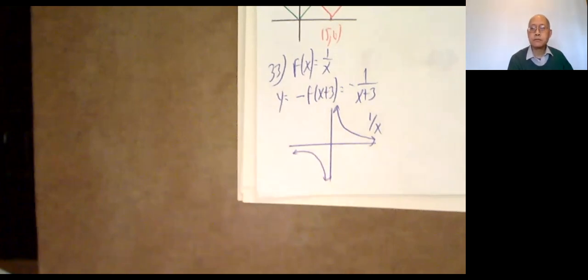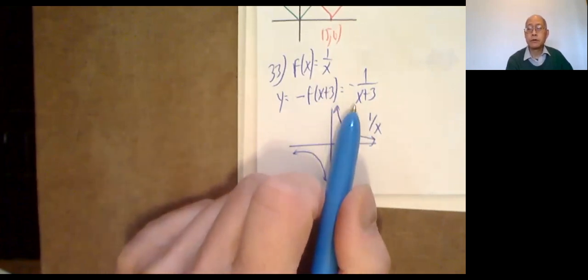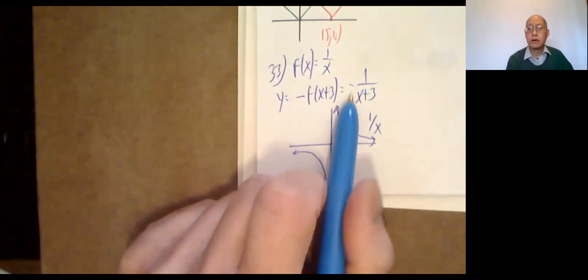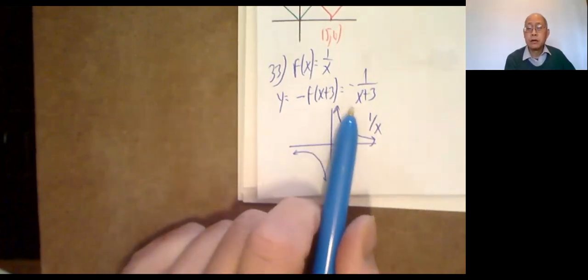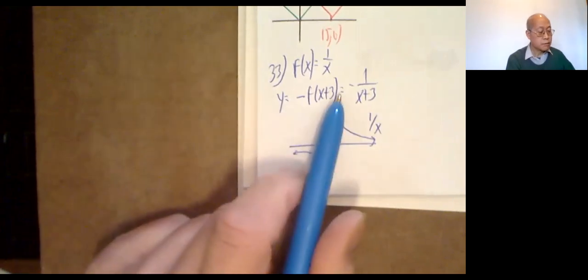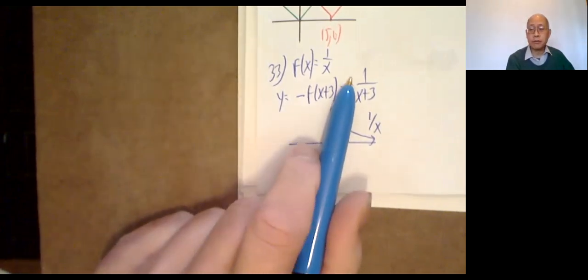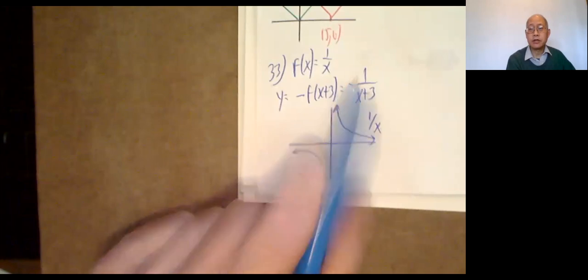Okay, these two branches. Well, let me just ignore the negative for the moment. 1 over x plus 3. 3 units to the left.